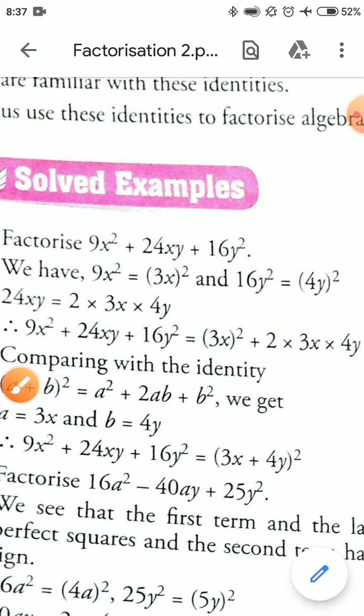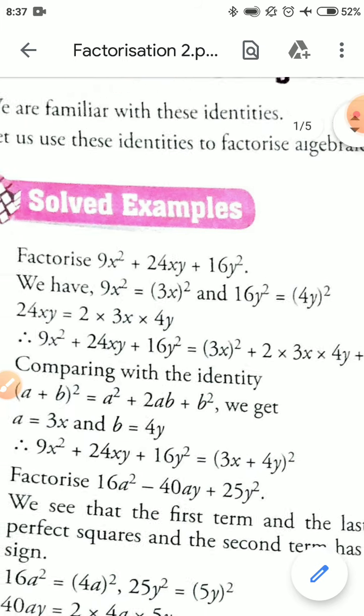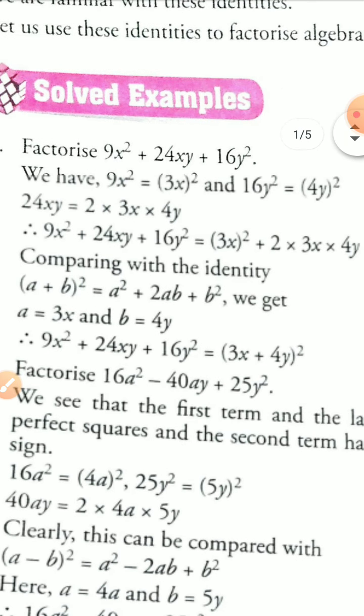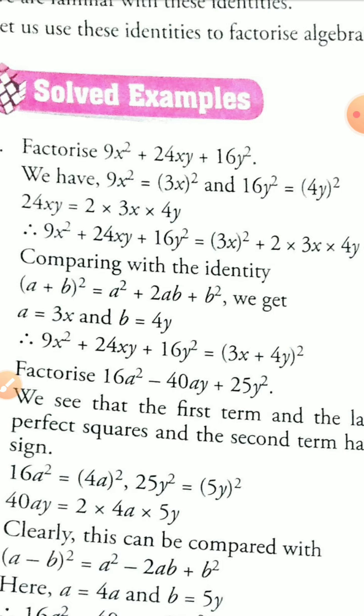So you can see that 3x can be taken as a and 4y can be taken as b, and if you compare this with a plus b whole square, after factorizing 9x square plus 24xy plus 16y square you will get 3x plus 4y whole square.